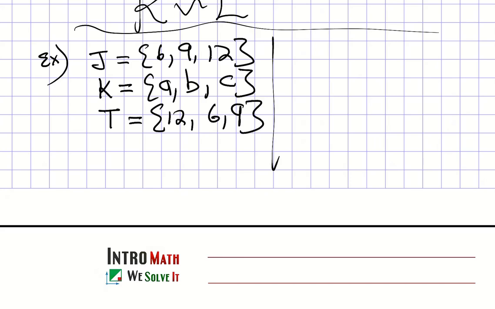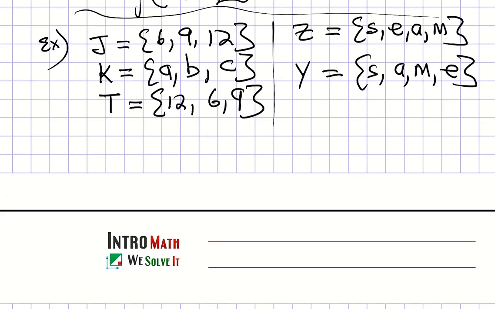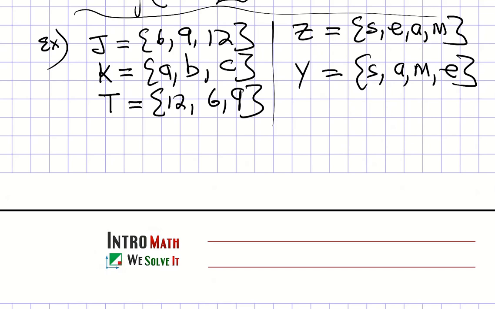And then there's some more. Z contains S, E, A, M. And then Y contains S, A, M, E. Okay, notice that those are the sets given now. So which one of them are equivalent and which are not, and which are equal?